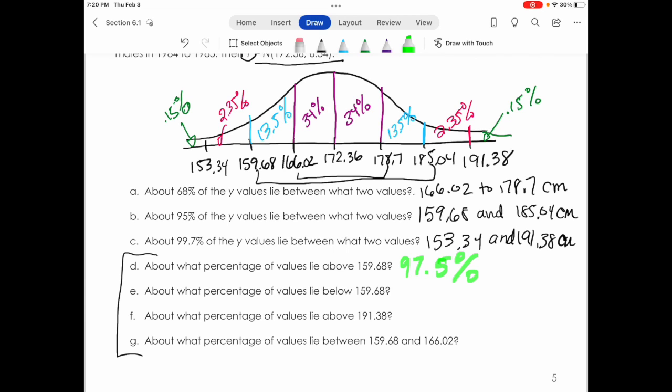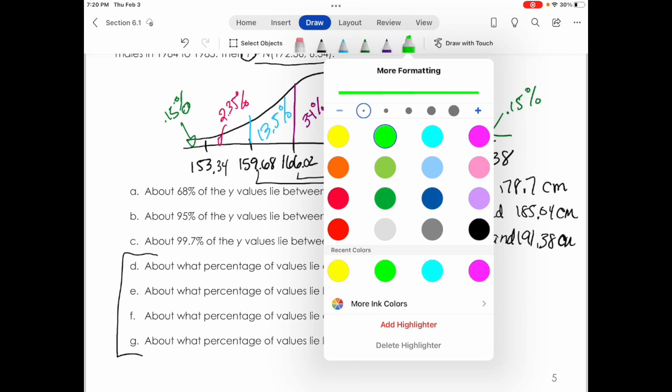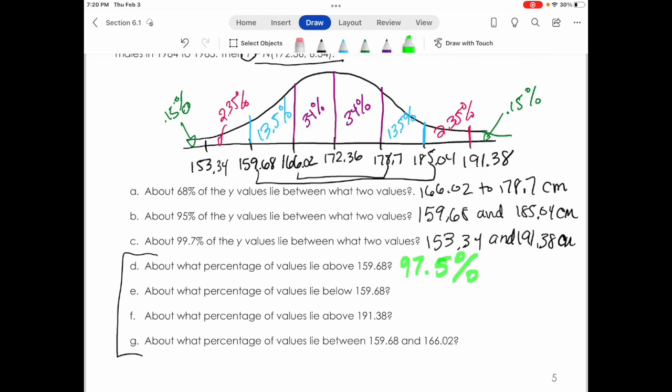Okay, now the next one. It says about what percentage of values lie below 159.68. So below 159.68 is this area that I just highlighted in green, going in the other direction. There's 2 ways that we can do this.